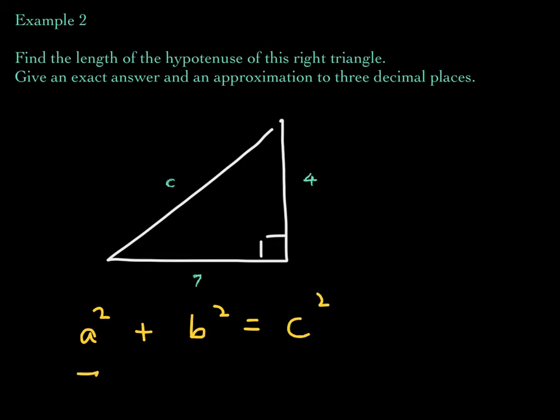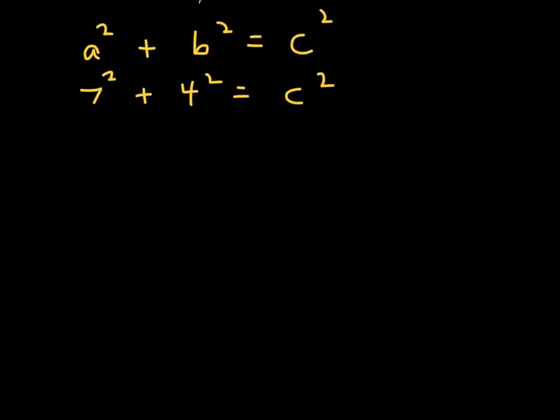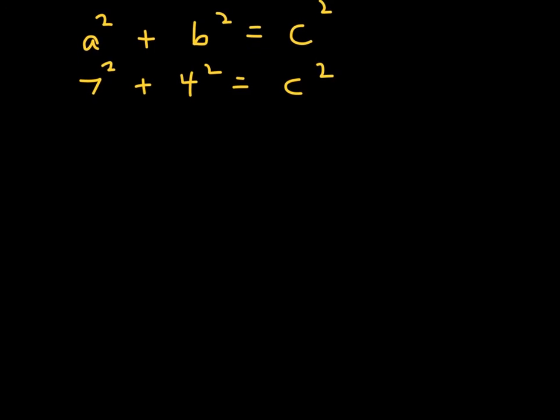So it'll be 7 squared plus 4 squared is equal to the square of the hypotenuse. So then this leads us to 49 plus 16 is equal to the square of the hypotenuse. That is to say, 65 is equal to the square of the hypotenuse.